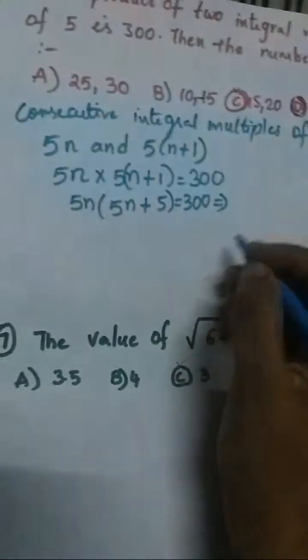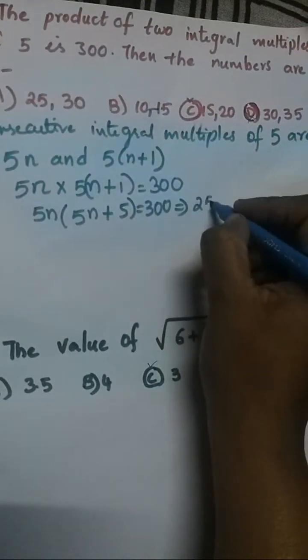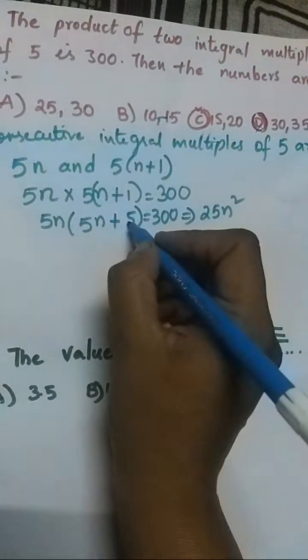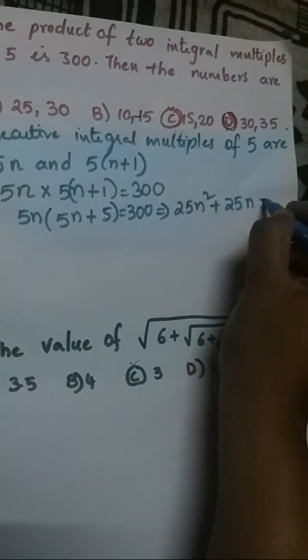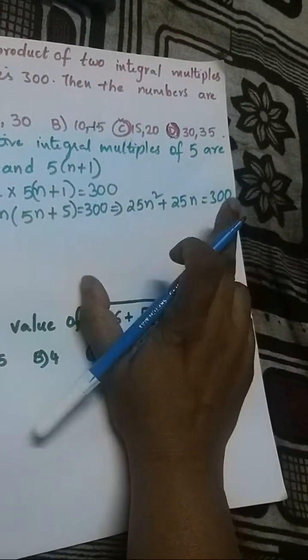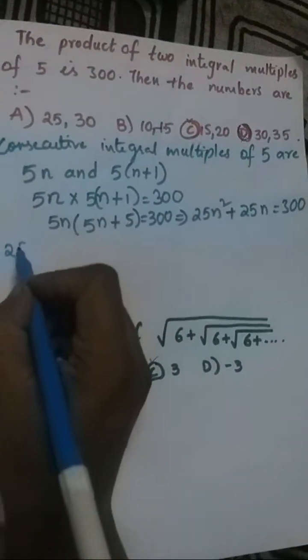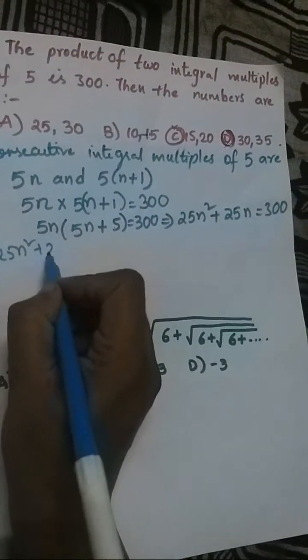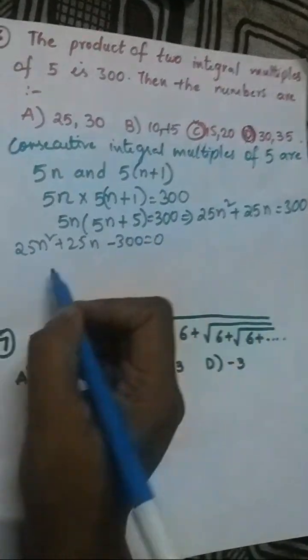This is in the form of a quadratic equation: 25n square plus 25n minus 300 equals 0.